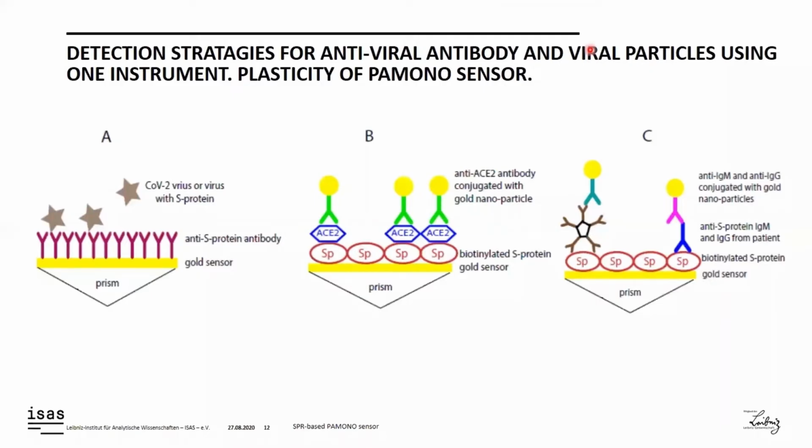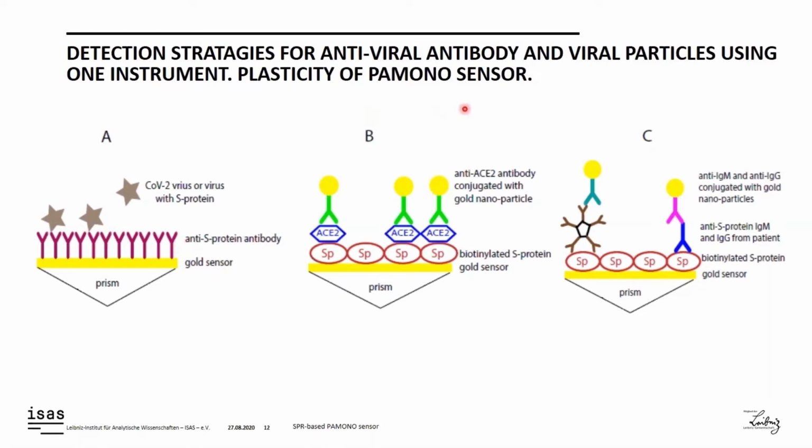As you may see, the plasticity of the PAMONO-sensor is based on the different functionalization of the gold sensor chip. On panel A, you may notice that the gold sensor is functionalized with antibody against spike protein, a protein of the COVID-19 virus, and in that case, we will just detect virus particles by themselves.